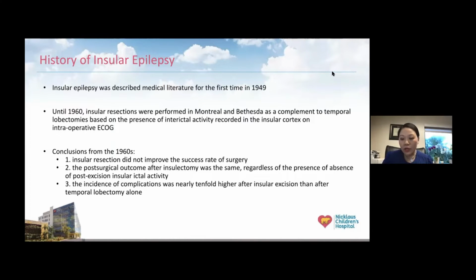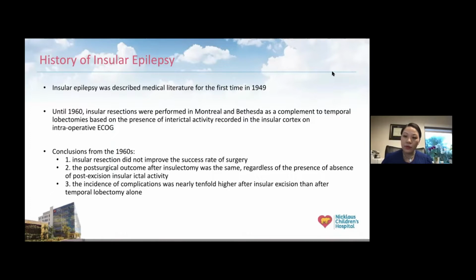What they concluded from the surgeries done in the 1940s, 50s, and 60s was, first of all, insular resections did not improve the success rate of surgery. Secondly, the post-surgical outcome after insulectomy was the same regardless of the presence or absence of post-excisional insular ictal activity. And number three, the incidence of complications was nearly tenfold after insular resection than temporal lobectomy alone.